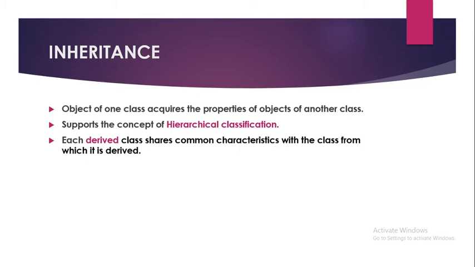The base class and the derived class will share the common characteristics that are coming from the base class. For example, say there is one firm, and in the firm different types of employees are working. Some are managers, some are salesmen, and there will be some owner.